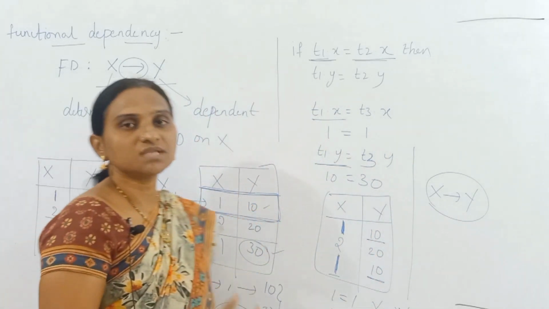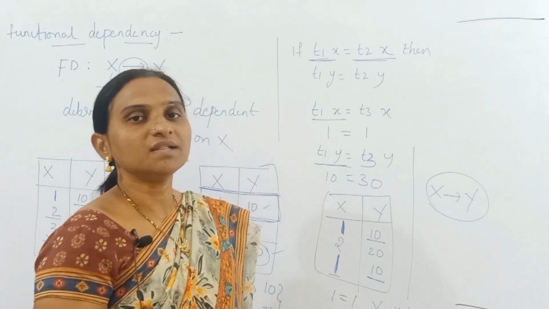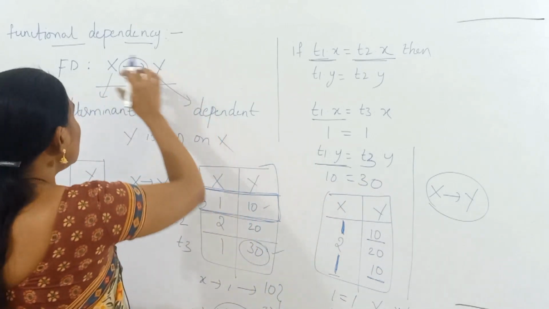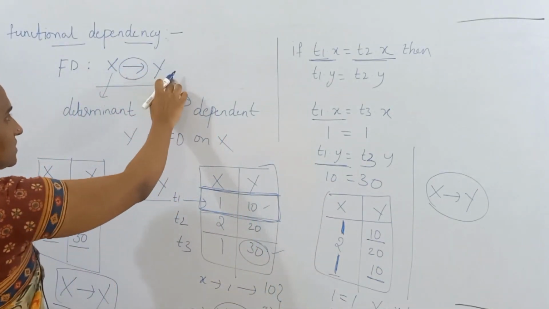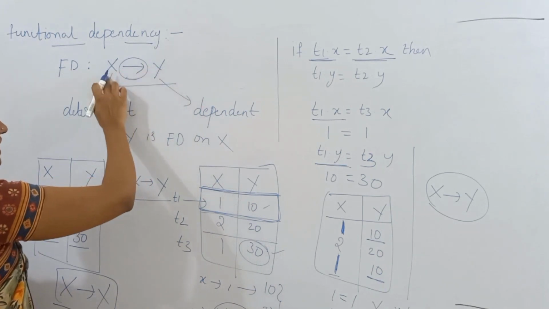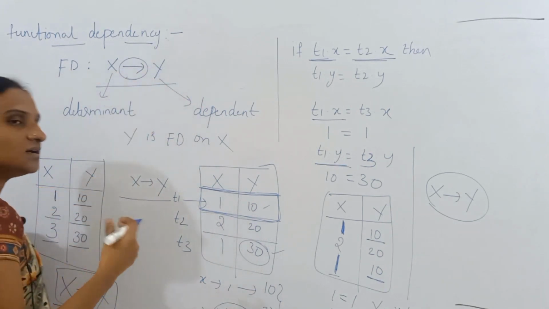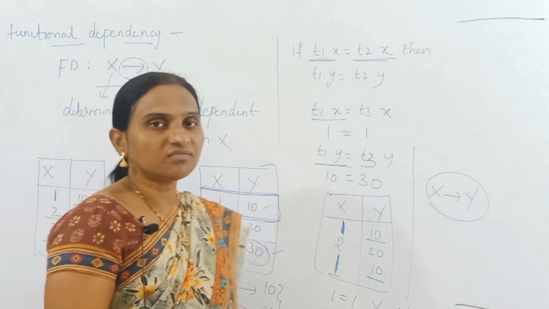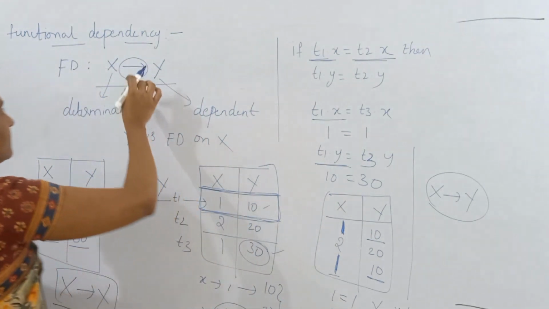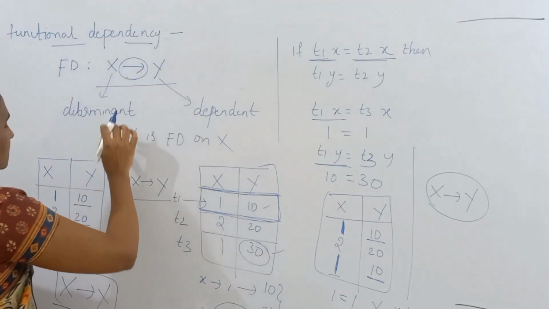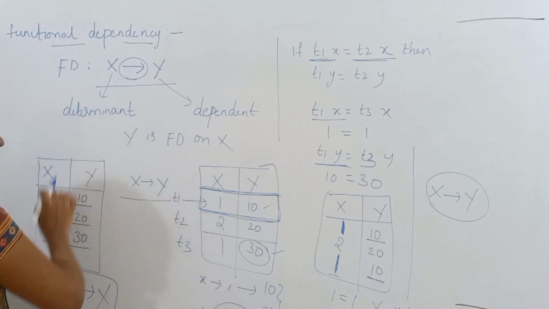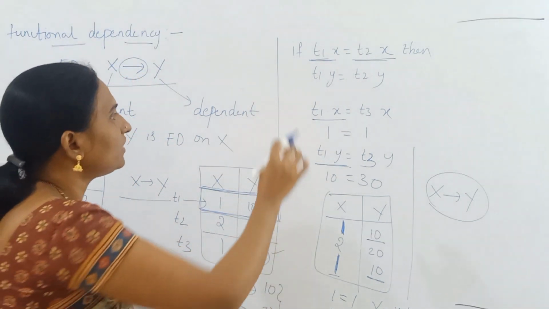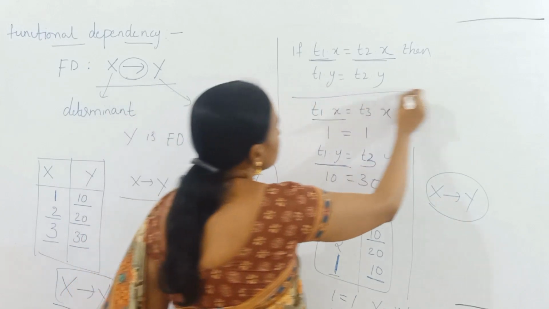What I am trying to say is, what is a functional dependency? Functional dependency is the relationship between two attributes. Here x, y are single attribute or set of attributes. So in this functional dependency, if x values are different values, then no need to check this rule.